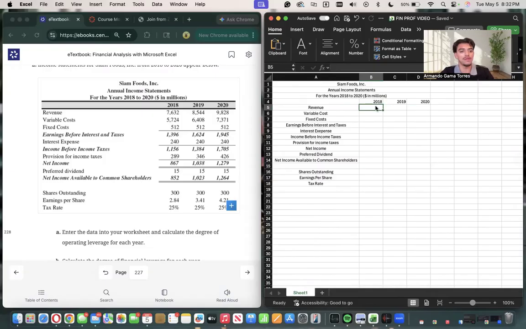I won't be entering the given data, but for the ones I do calculate, like EBIT and net income, I'll be calculating those.